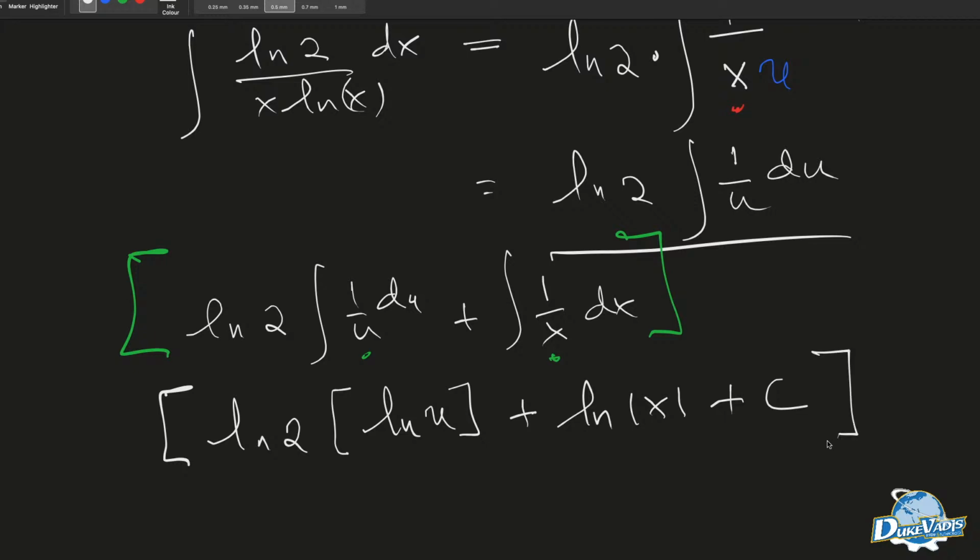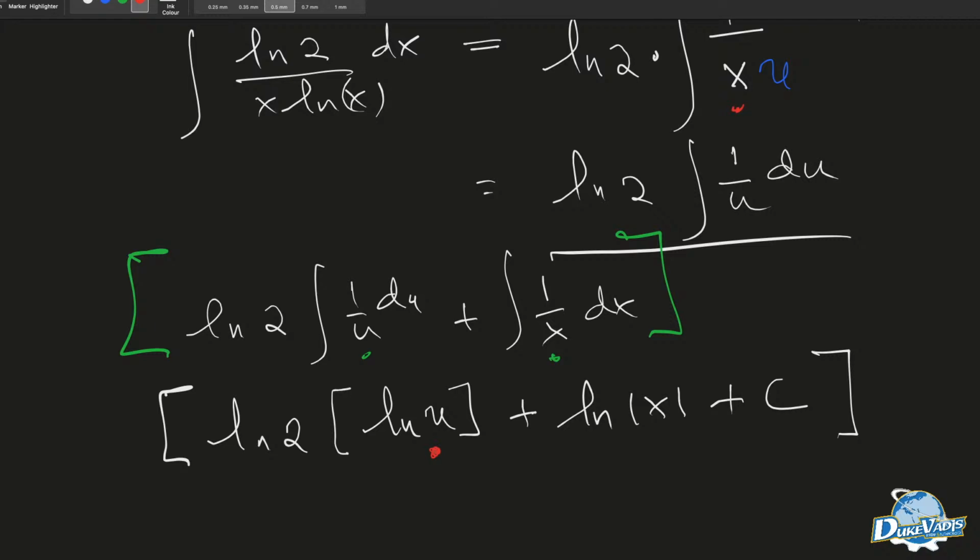So this is the final answer, but it is not a final answer. Why? Because we have natural log of 2, natural log of u, plus natural log of absolute value of x plus c. But our problem now is the u that has found itself within our integrand.